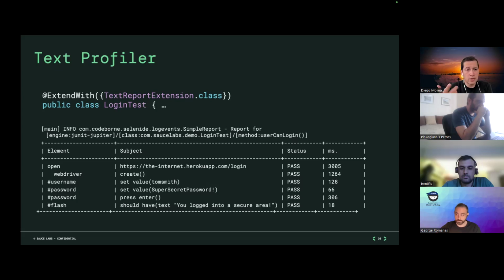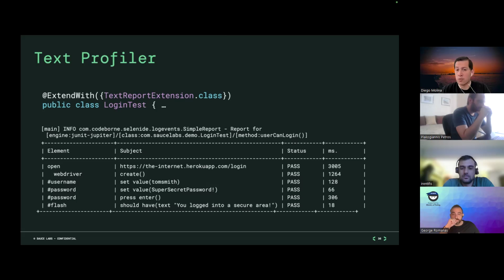If you annotate your class with the test report extension, and that's it, you don't need to do anything else, you will get this beautiful markdown table that tells you how long each command took and whether it failed or passed. I think this is super useful because you can test whether one locator is faster than another, or a different way of changing the flow to test something and get the same result.